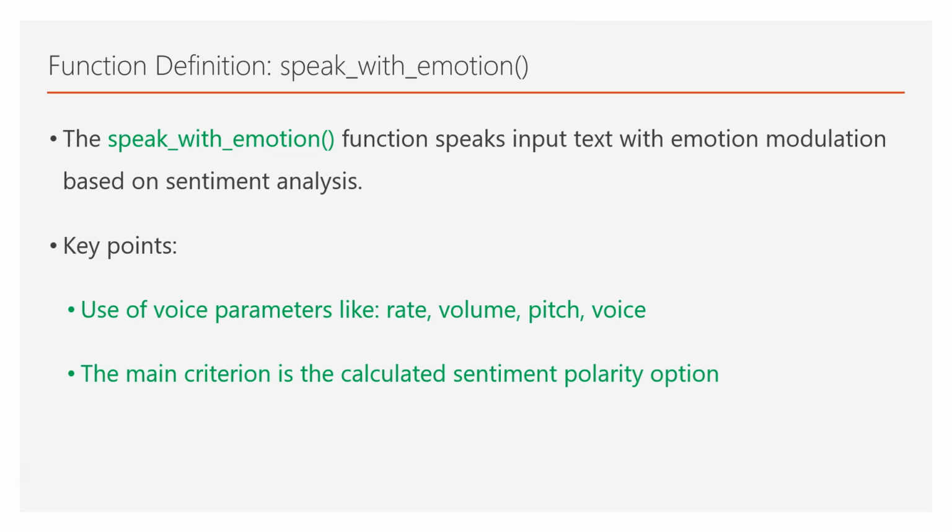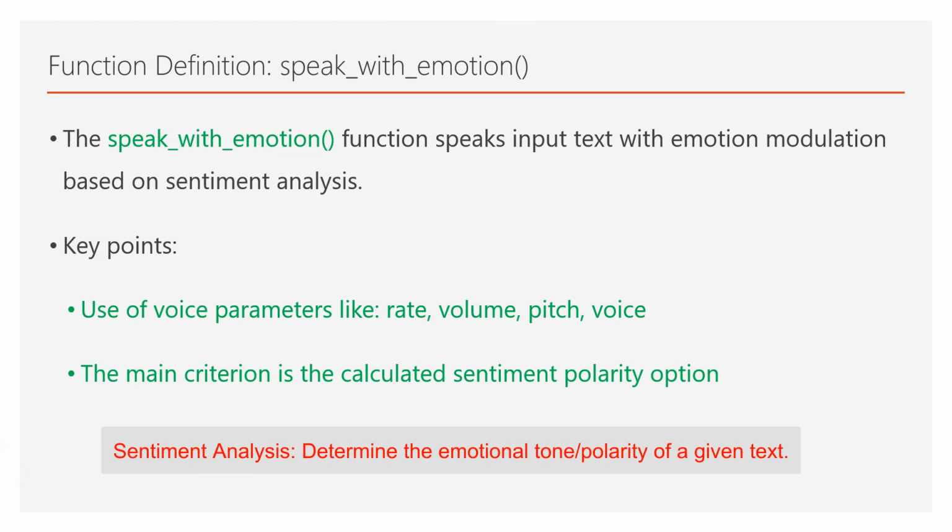So at this point, it's important to discuss more about the polarity option in the speak with emotion function, which actually refers to the sentiment polarity score calculated by the TextBlob library. So in natural language processing, that is NLP, sentiment analysis involves determining the emotional tone or polarity of a piece of text.